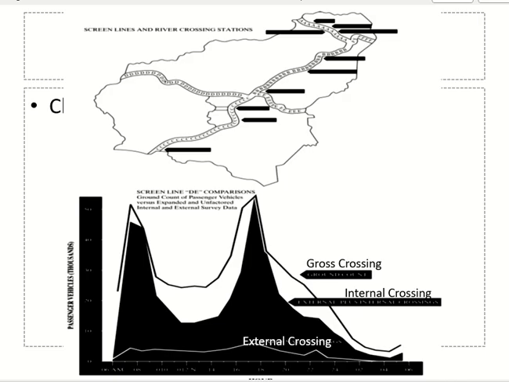So if my external crossings are very high, that means my selection of area is not good. I am doing a study in these two areas where most of the people are not even coming. Got it? So external should always be very, very low as compared to the internal crossings, if you have selected your area and the screenline properly. Clear?